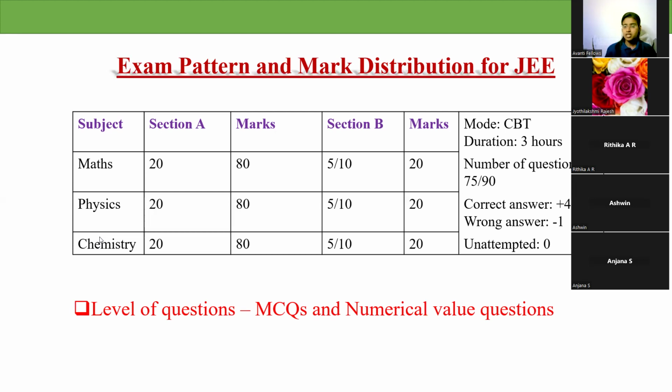So the total number of questions attempted will be 75 out of 90. For a correct answer you get 4 marks, and for each wrong answer, minus 1. Unattempted means 0. Section A is MCQ type, and section B consists of numerical value questions. So this is about JEE.